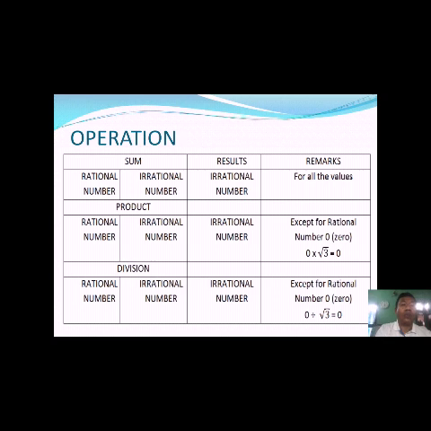When 0 is multiplied with any irrational number, the result is always 0. Third, when a rational number is divided by an irrational number, the result is always an irrational number, except for the rational number 0. That is, when 0 is divided by any irrational number, the result is always 0.